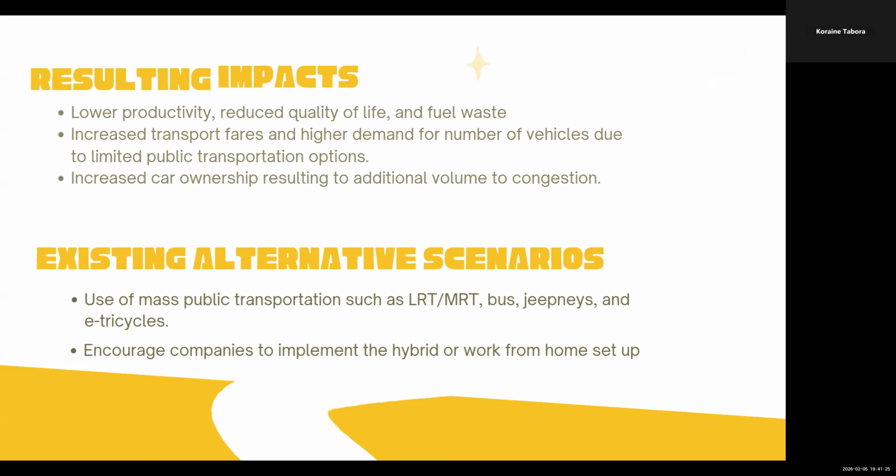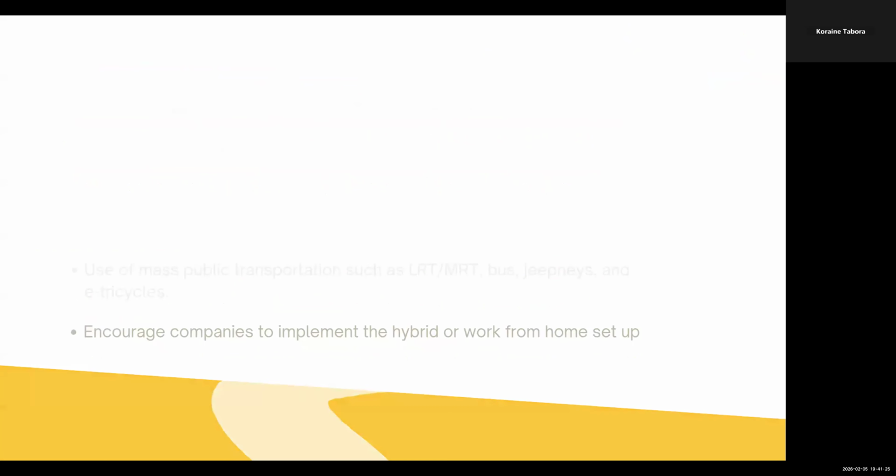Next slide, please. So, for our strategic structure, addressing Metro Manila traffic focuses on strengthening mass public transportation while reducing the reliance on private vehicles. This also includes improving the efficiency and accessibility of trains, buses, jeepneys, and emerging modes of transportation.